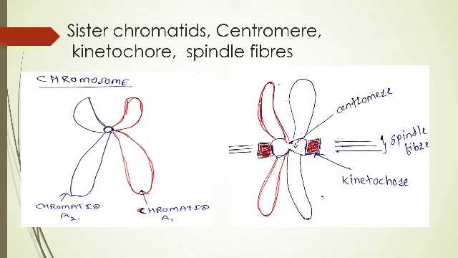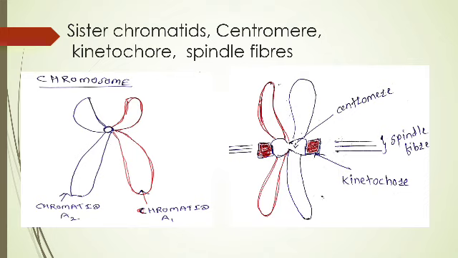In the first figure you can see the two sister chromatids. I have labeled them as chromatid A1 and chromatid A2. You can see the labelings below the chromosome. In red I have shown chromatid A1, and in blue chromatid A2.